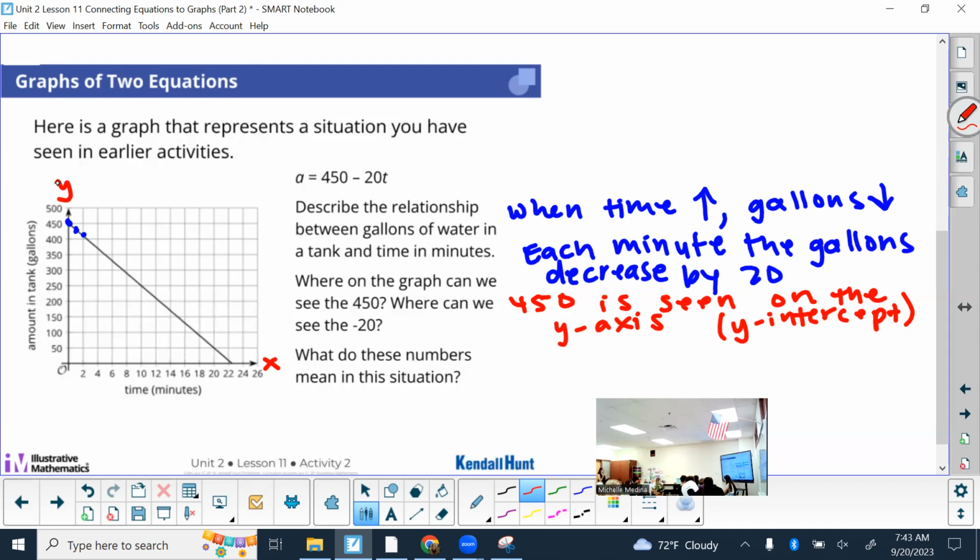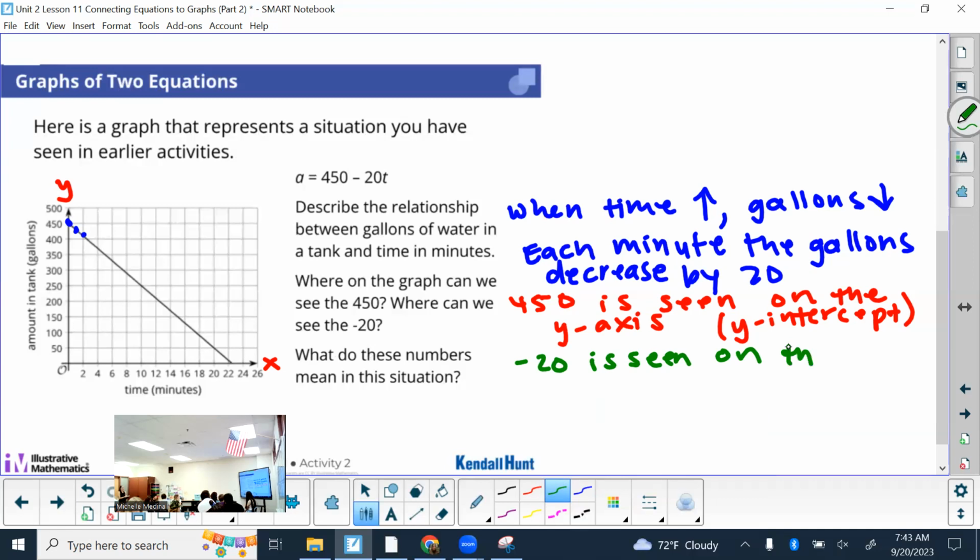Table 1, what about the negative 20? I don't see anywhere on the x-axis that there's a negative 20. Think about how we said it decreases by 20.